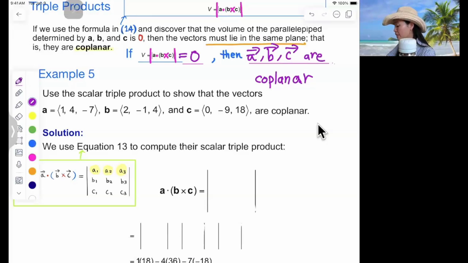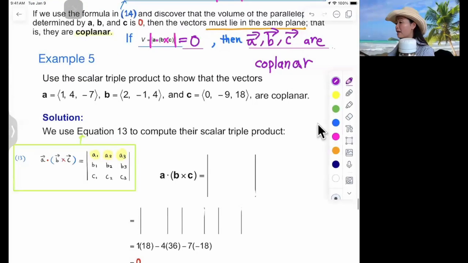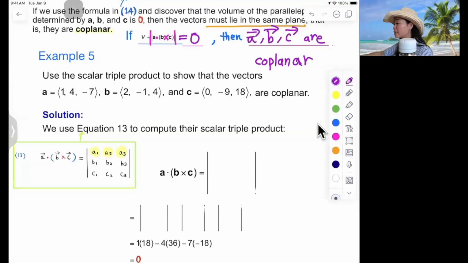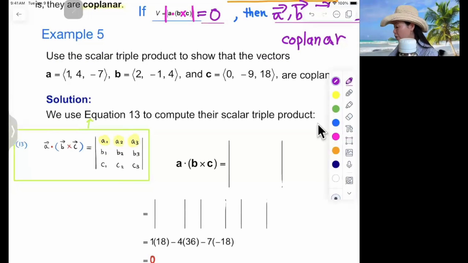Okay, now we have these 3 vectors, right? How can I determine that they are coplanar? What equals 0? Not A, B, C, it's the scalar triple product. So we will calculate this scalar triple product.